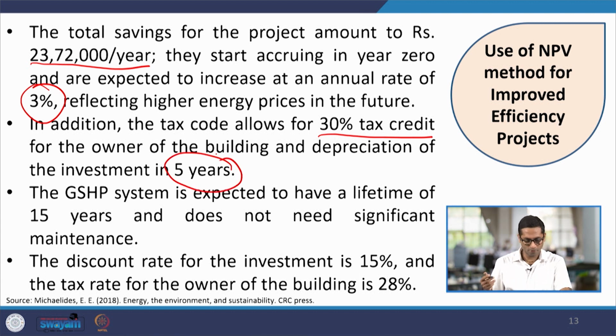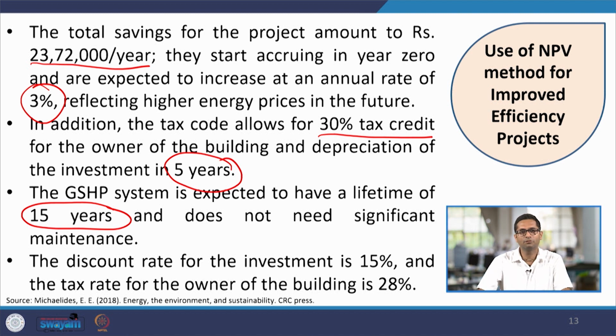Again, I would like to point out that for making use of these kinds of incentives, the corporate is expected to have a profit making business where it can avoid or decrease the tax that it is supposed to pay. In this case, we are assuming that this kind of updation, the ground source heat pump, would have a lifetime of around 15 years, and this would not require any significant maintenance.